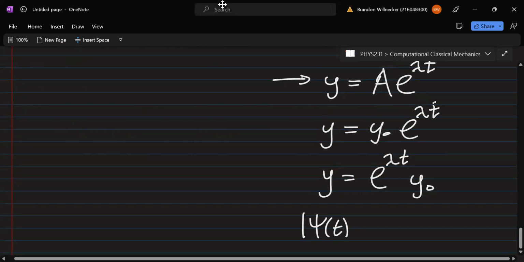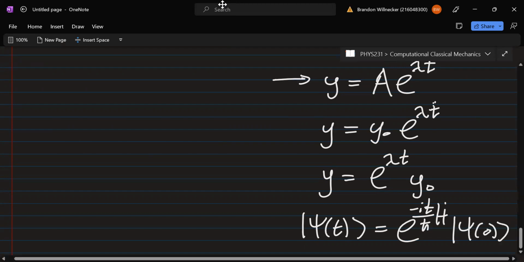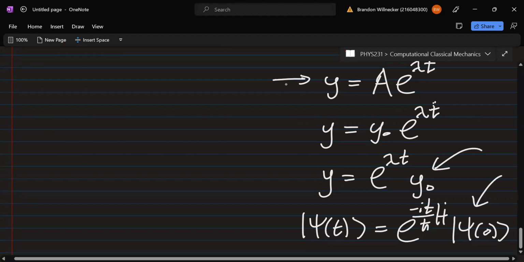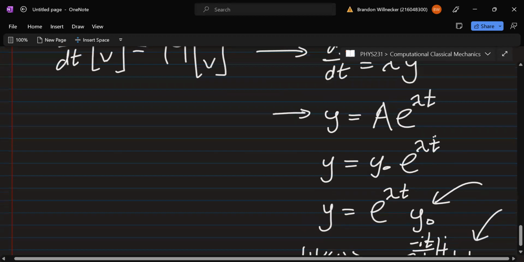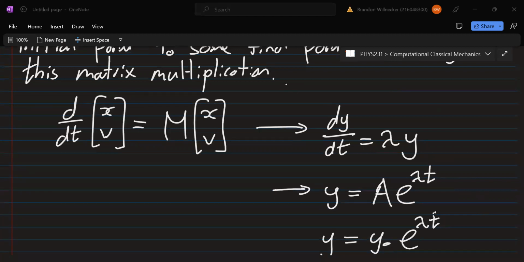Remember, we had psi of t is equal to e to the minus i H t over h bar psi naught. We had some operator acting on the state, and that gave us the time evolved state. So again, very similar to this. This is the quantum mechanical version, and we'll see that we have the same thing for this case.